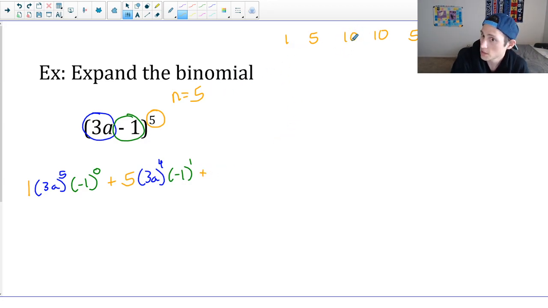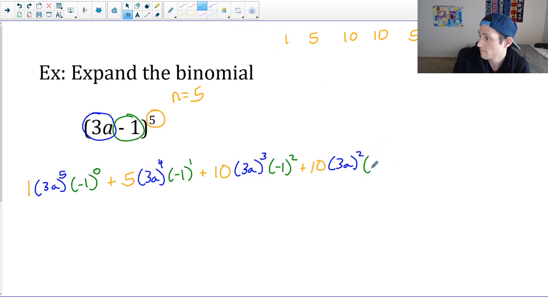Now I move on to using the 10, so plus 10, 3a goes down to cubed, negative 1 goes up to squared. And now we have 10 again. 3a squared, negative 1 cubed.